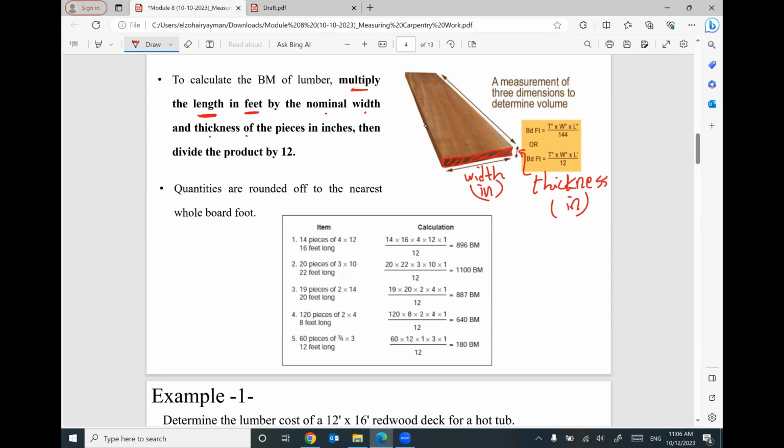If you multiply these two dimensions by the length of the piece in foot, you can convert it to how much board foot for this piece of lumber. If you have many pieces, like 14 pieces, then I will multiply by 14. If you have 20 pieces, then I will multiply by 20. If you have 90 pieces, then I will multiply by 90.